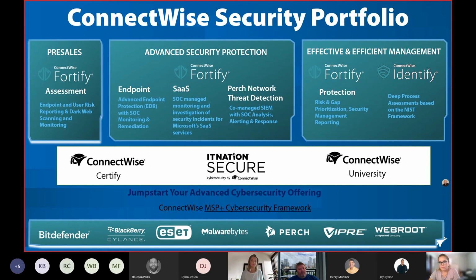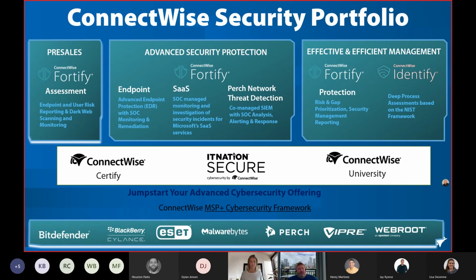So what we did is we built a product called Fortify Assessment that is a pre-sales tool that allows you to go out to your existing clients or prospects and give them a quick vulnerability scan or a dark web scan and just get the conversation started with that client.